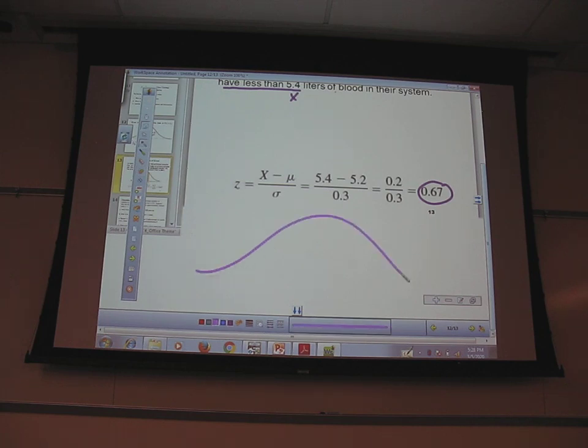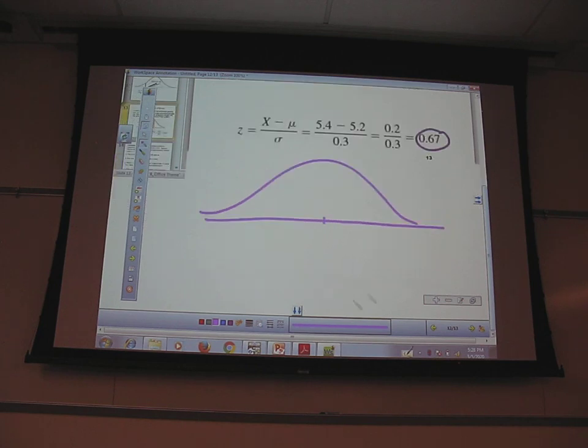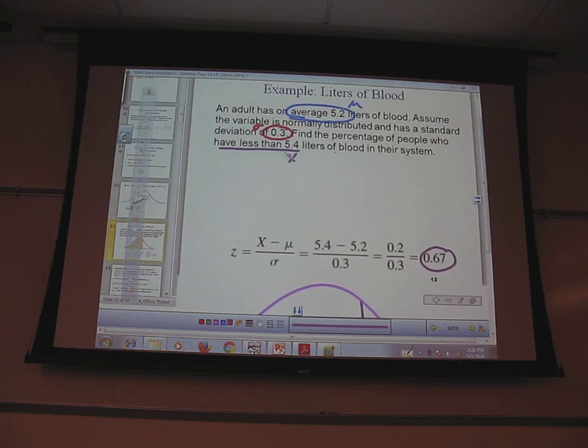We're going to draw a picture. Put a little notch in the middle. And then where does 0.67 go? On the right. And do I want above this amount or below this amount? Less than. So less than is the left.